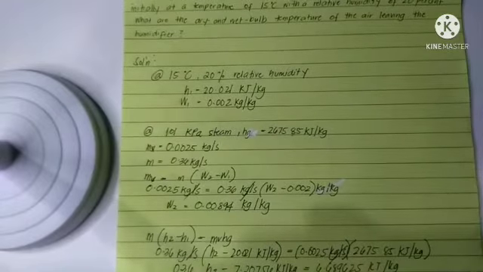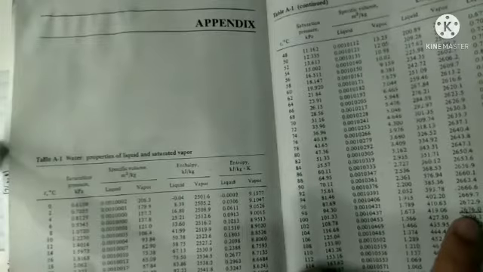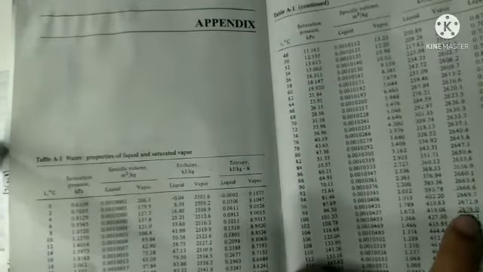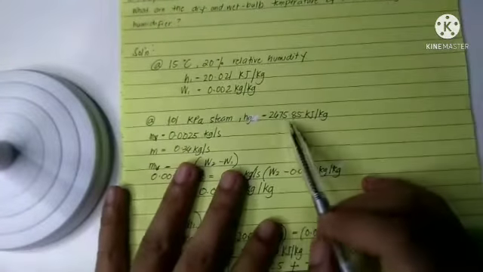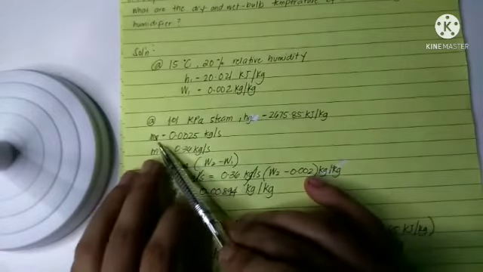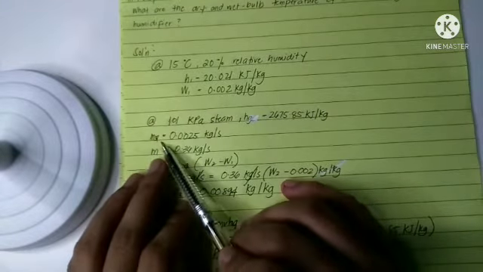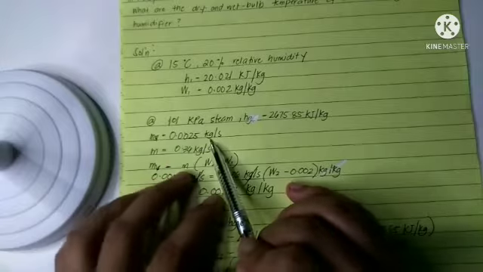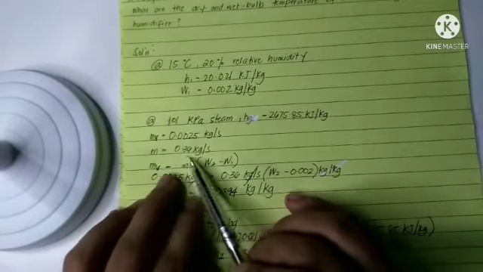From our table here, we have 101 kPa, with an approximate value of enthalpy of 2676.0 kJ per kg in vapor, so we have the answer of 2675.85 kJ per kg. Our mass of water vapor is 0.0025 kg per second, and our mass of air is 0.36.